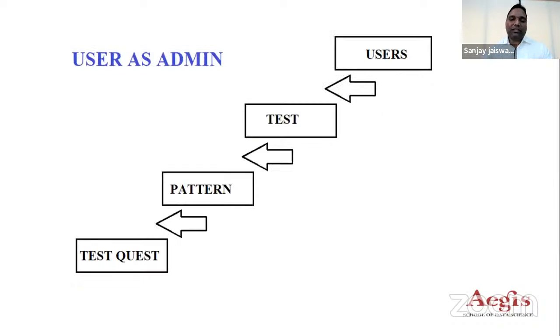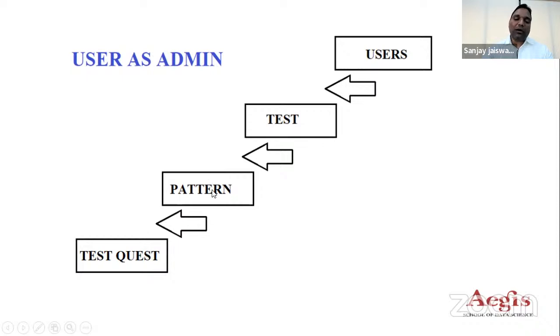Now the second user is your admin user. So the role is admin now. The user would be admin. He would be creating a test. Then he will set the pattern for the test. When I say test, a test might consist of one single subject, or it might be of multiple subjects.